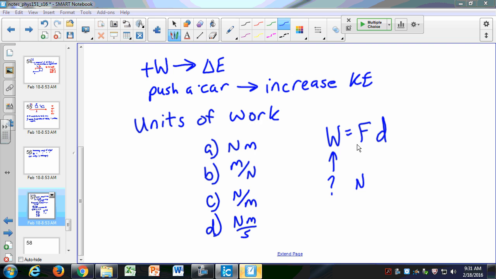That's the newton, right? Like the Newton burger. If I wanted a quarter pounder, I'd go and ask for a Newton burger. And I know the units for displacement. That's my meter. And so my units for work are going to be newtons times meters. So A would be the right answer here. It's useful to be able to work with your units and think about what they mean.